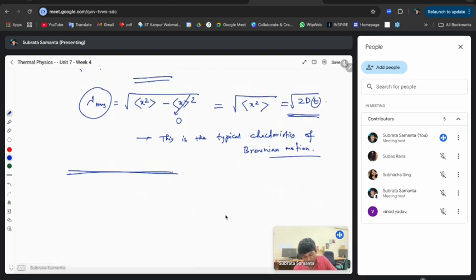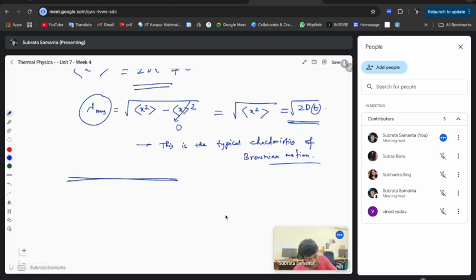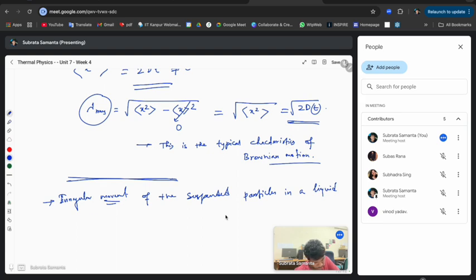So the irregular movement of the suspended particles in a liquid is caused by the thermal motions of the molecules of the liquid. So this is Brownian motion. The irregular movement of a suspended particle in a liquid is Brownian motion.